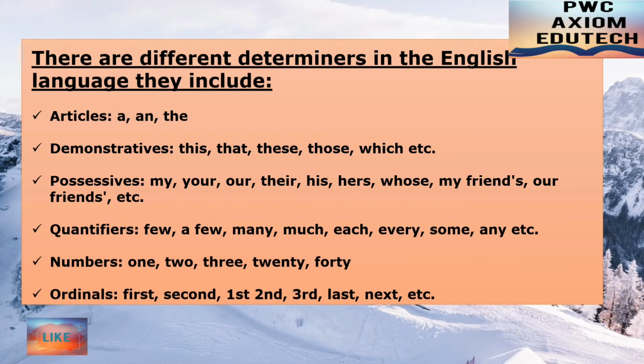There are different determiners in the English language. They include articles: a and the.